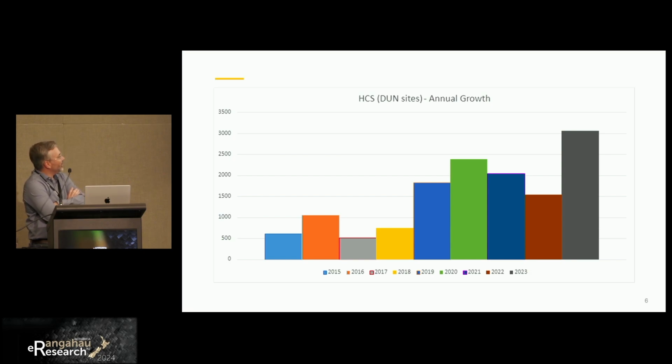There's some really interesting analytics that come out of that as far as what happened when we had COVID. But you can see in 2023, we're right back on the trend. So if you draw a trend line on there, we're right back on the trend, and that is basically 3 petabytes of growth per year. Is what we're experiencing here, and that amount of growth is increasing year on year.